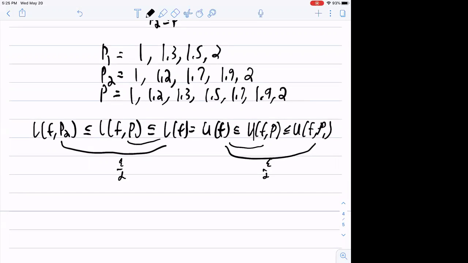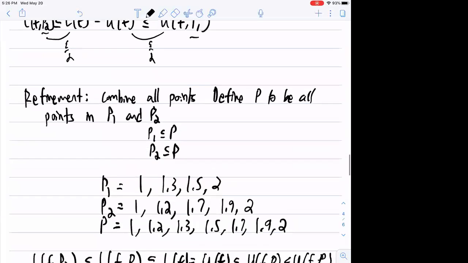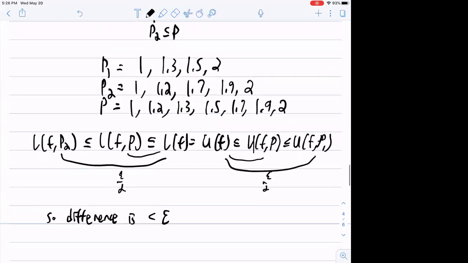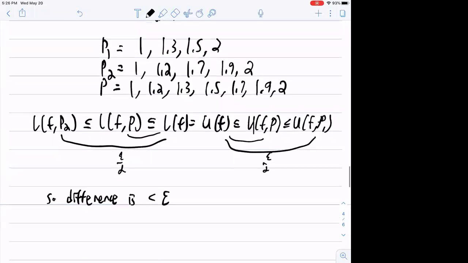You can write it out using the triangle inequality, but hopefully it's obvious. So the difference is less than epsilon. You can always make it one partition by taking refinements, and refinements only make your thing more accurate. Any questions so far?